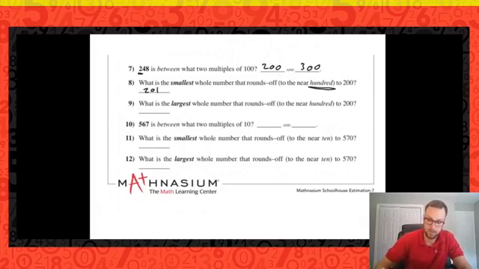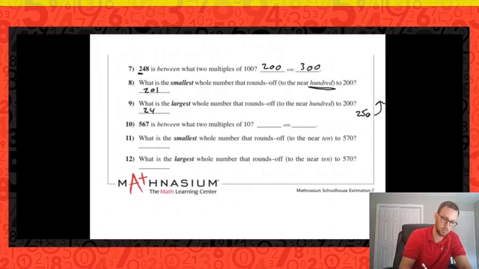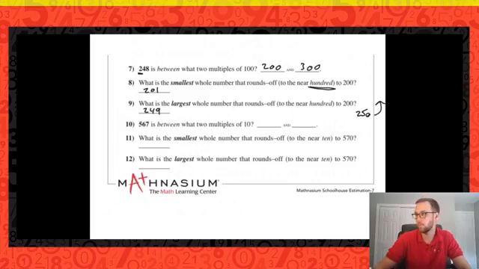Well, I know that if I get to 250, I would round up. So what's, if it's not 250, very good. 249 is as big as that number can get before we would round up. And we know as soon as we get to 5 in the preceding digit, we round up.